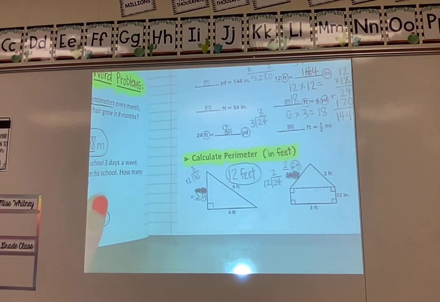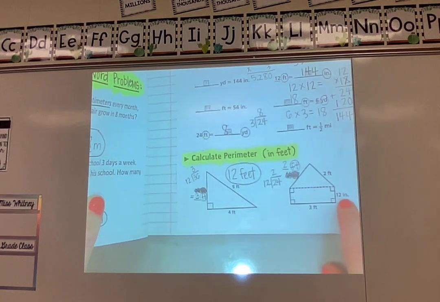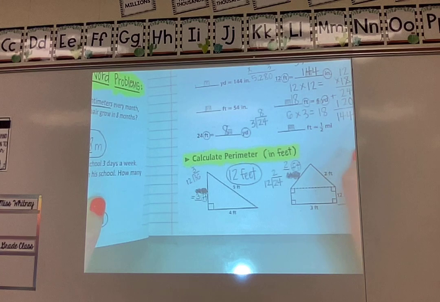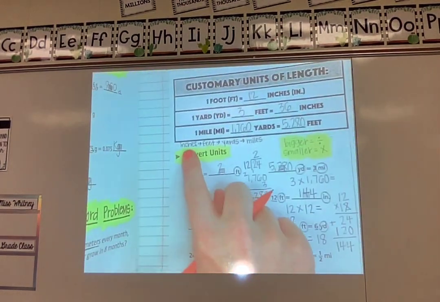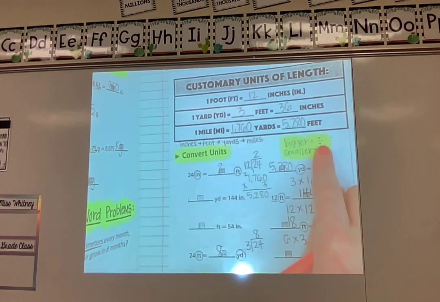All right, now I see one more that I need to convert, 12 inches right here. So equals blank feet. Circle my labels. Inches to feet is what I'm doing. So again, looking up here. Inches to feet, I'm getting bigger, so I need to divide.